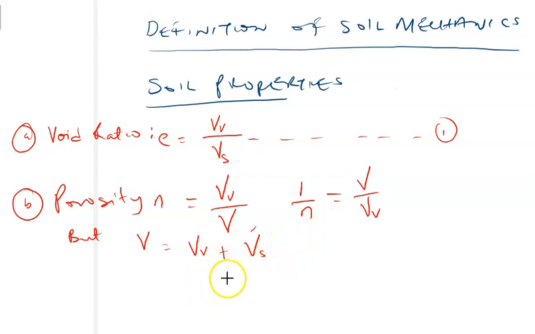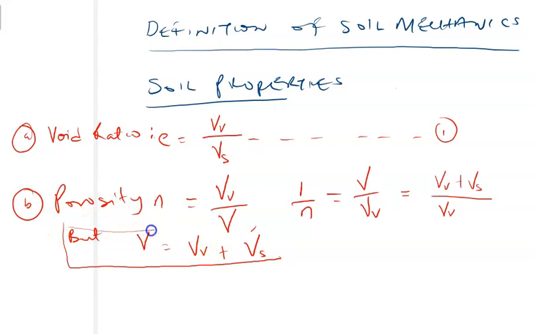So if we have this, we can still write 1 over N is equal to VV plus VS over VV. Let's circle this so that it doesn't confuse us.